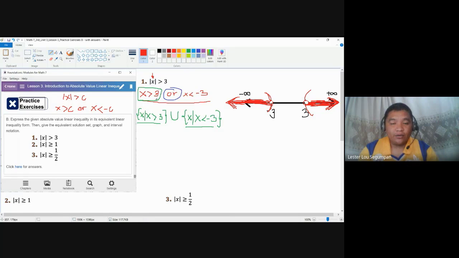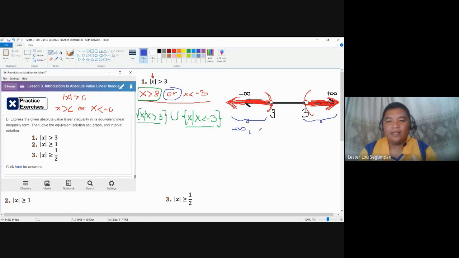So in connection here, two different linear inequality forms combined by or, two different solution sets combined by union, and two different graphs combined in the same real number line. It will also be what our interval notations will look like. We have two different graphs here, so come up with an interval notation for this and an interval notation for this as well. The leftmost value is negative infinity.